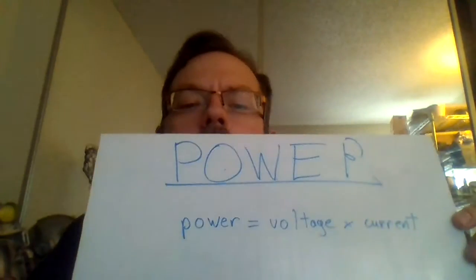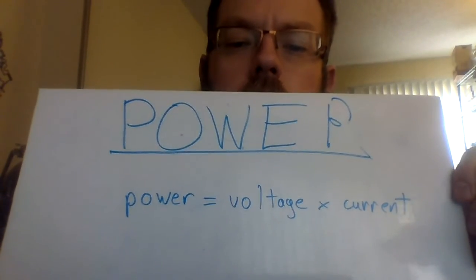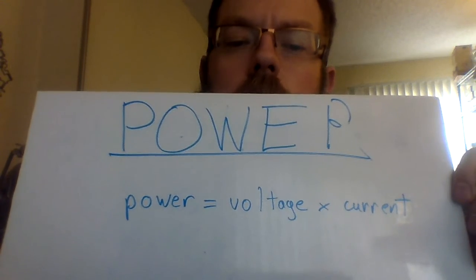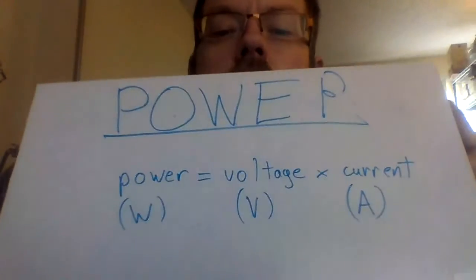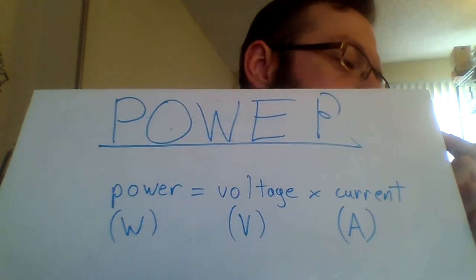I'm going to write that down here. Power is equal to voltage times current. I'll include the units for each of those. Power is going to be in watts, voltage is still in volts, and current is going to be in amps. So to get watts, you're going to multiply your volts times your amps, and that tells you how much power you're utilizing.